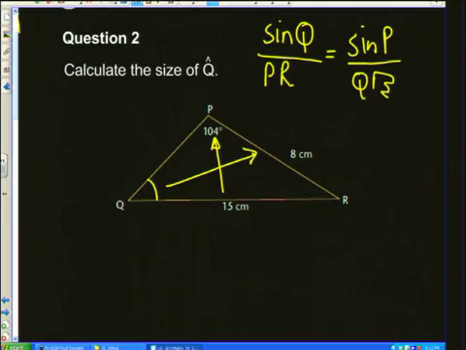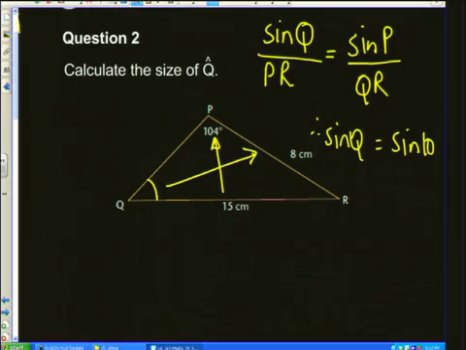Now you can substitute. Sine Q, I don't know what it is, but I do know sine P, that's sine of 104. And I'm dividing that by QR, which is 15. And I'm now going to take PR across and multiply by that, which is 8.